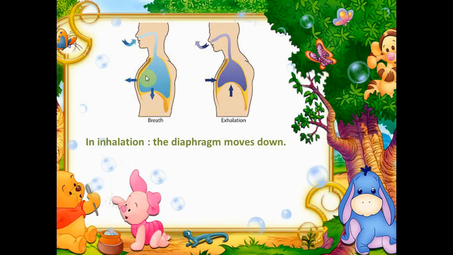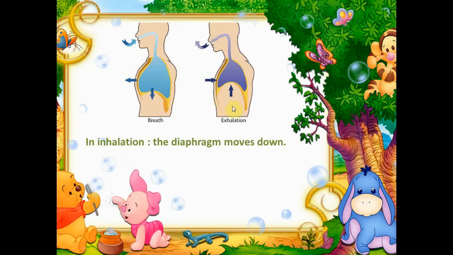Can you see this part? This part is called the chest cavity. When the diaphragm moves down, it increases the chest cavity to let the two lungs take a large amount of air. Okay?